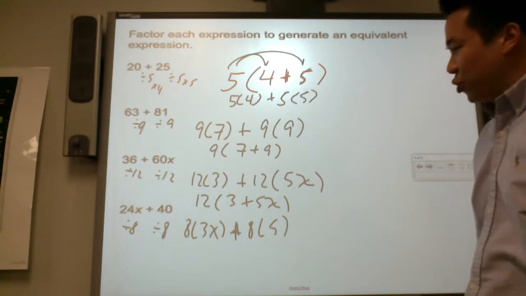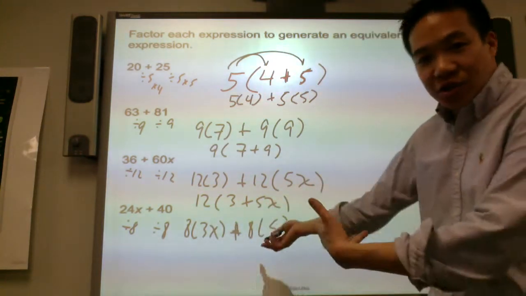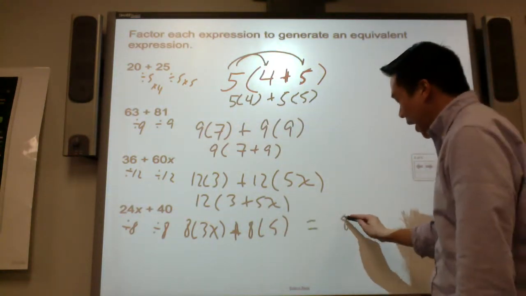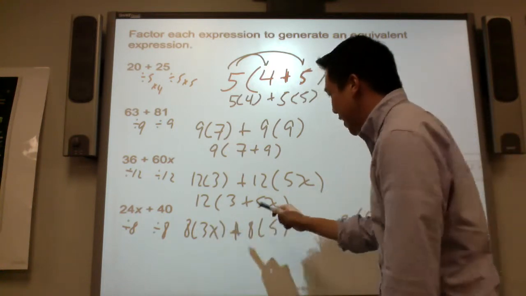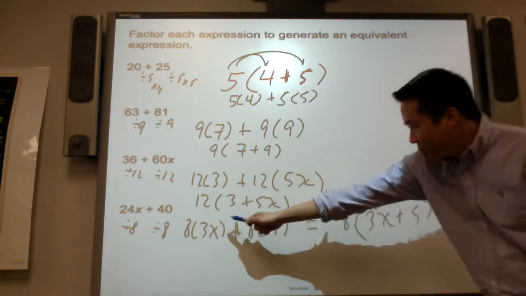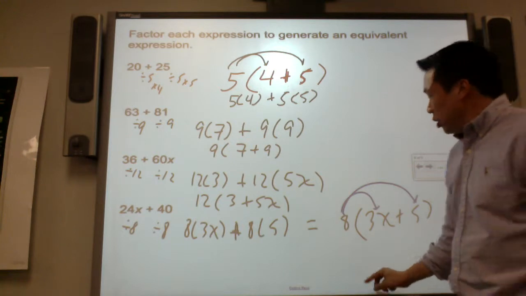And is there another way to rewrite this? This is correct. If you write it this way, this is correct. There's nothing wrong with that. You can also rewrite it this way: 8 groups of 3x plus 5. That's what's inside the parentheses. Because if you want to check your work, what's 8 groups of 3x? Right there. 8 groups of 5, right there.